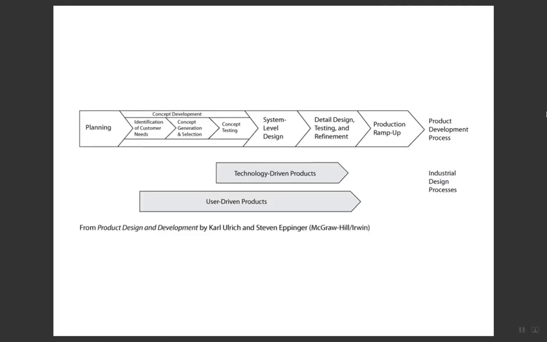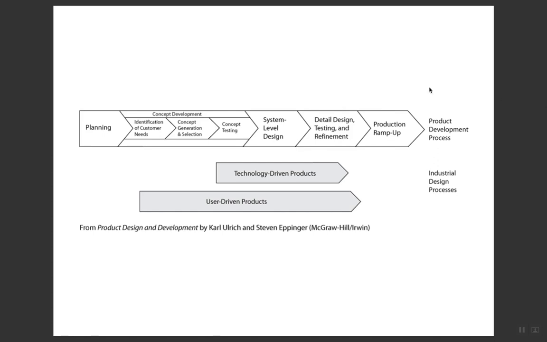So if you look at here, guys, we go back to the previous chapters that we have already learned from the midterm period. We start with planning, concept development, and then move to system level design, detail design, testing, refinement, and production ramp up.